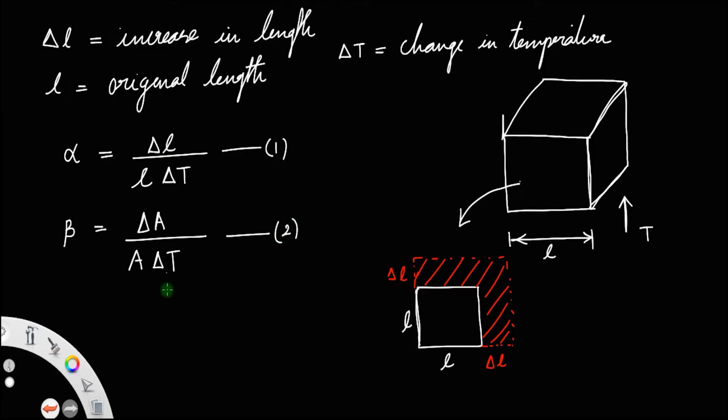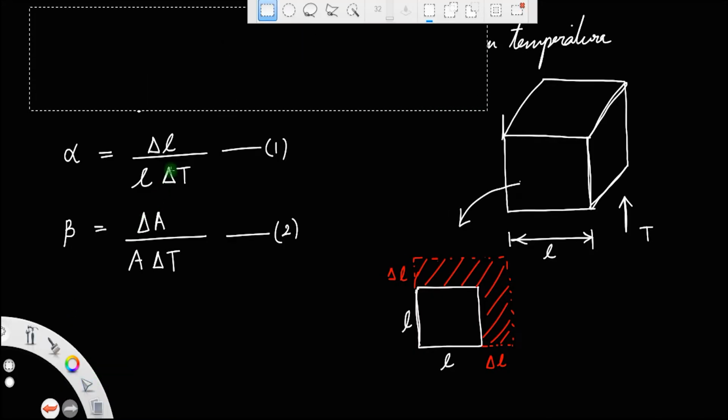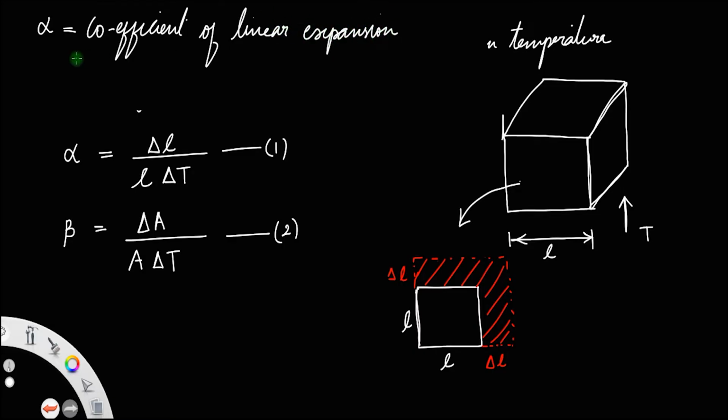So how will you find a relationship between alpha and beta? Let's write what alpha and beta are. Alpha means coefficient of linear expansion, and beta is the coefficient of superficial expansion. So let's calculate beta.